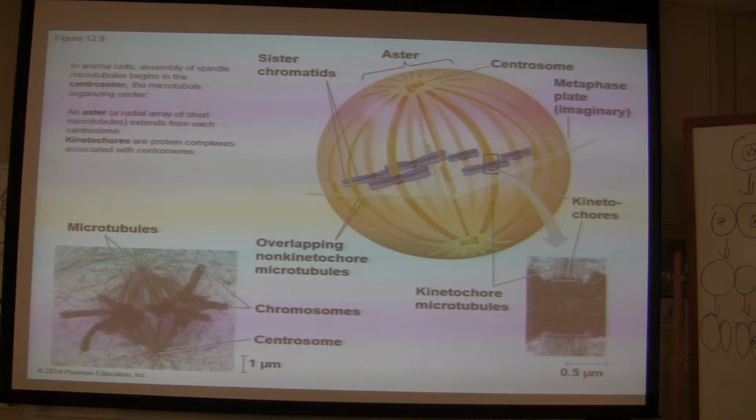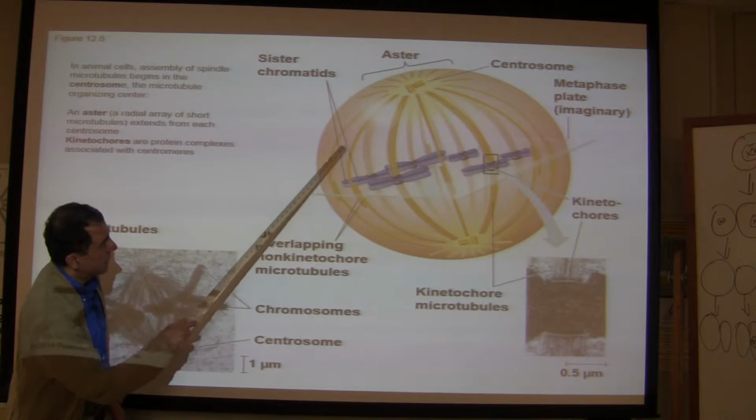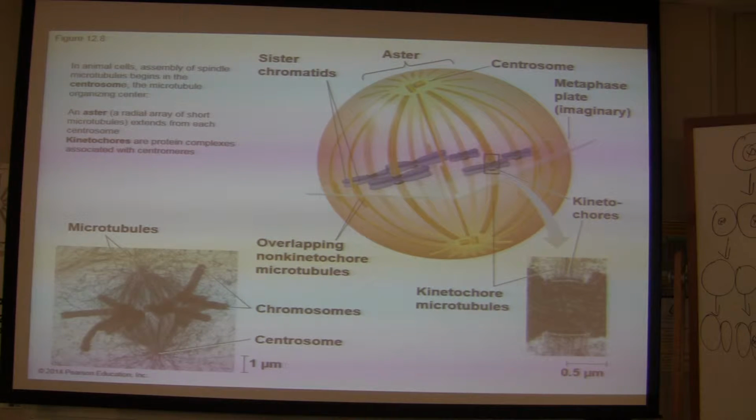Overlapping non-kinetochore microtubules, other terminology. These are non-protein molecules, unlike the kinetochore. What is the function of an aster? Some textbooks do not give a definition of aster. We don't know.